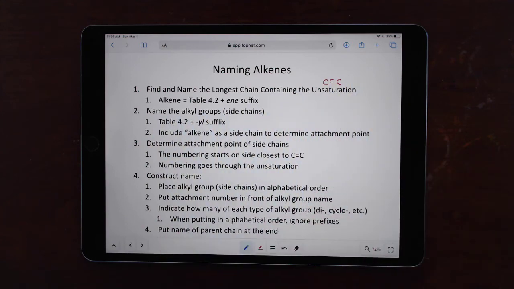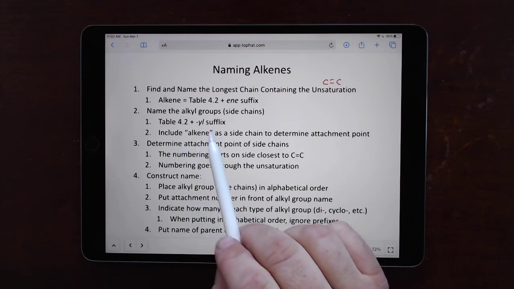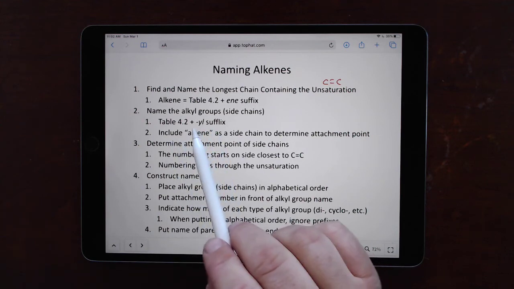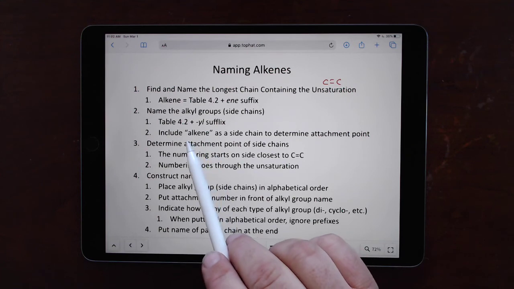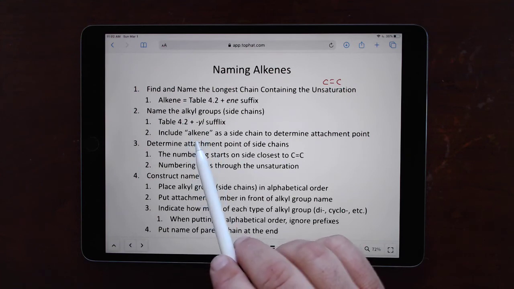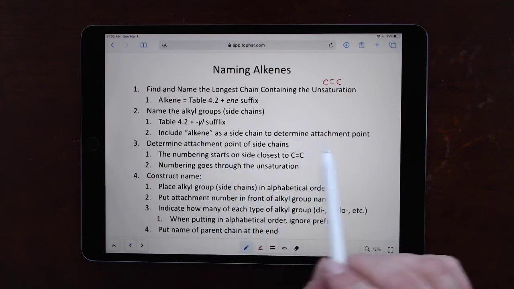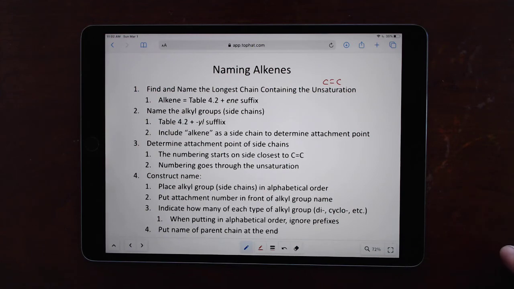Now for the alkene, we're going to change the A-N-E suffix for the main chain to E-N-E to indicate that there's an alkene in there. All the rest of them are going to have the YL suffix. And again, I'm going to include alkene in our list of side chains because we need to determine the attachment point where that alkene starts.